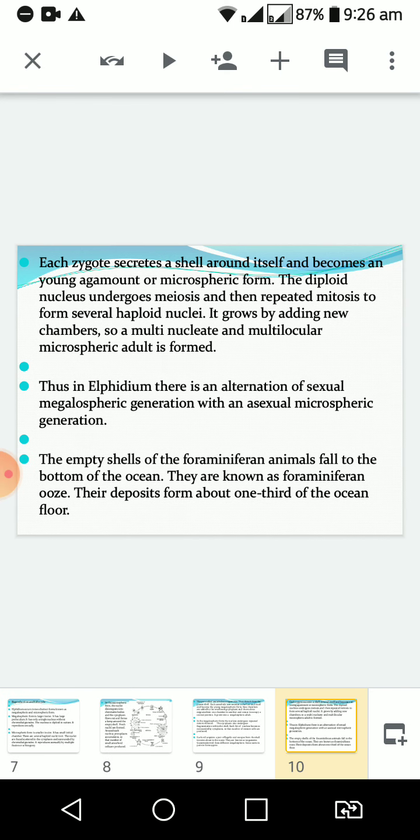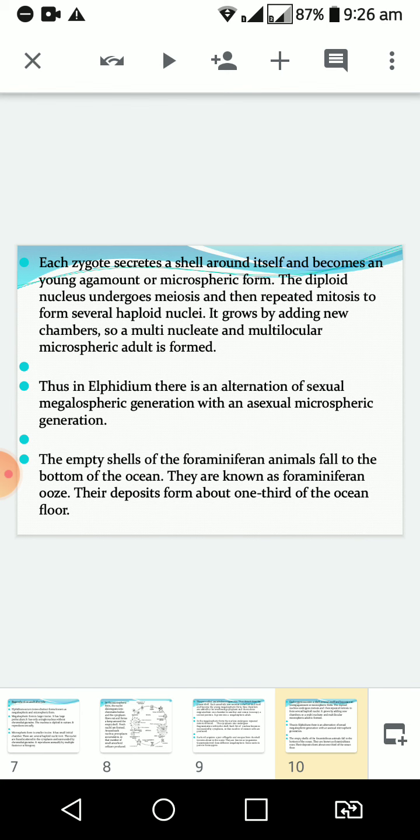Each zygote secretes a shell around itself and becomes a young agamont, or microsporic form. Now the microsporic forms are forming.